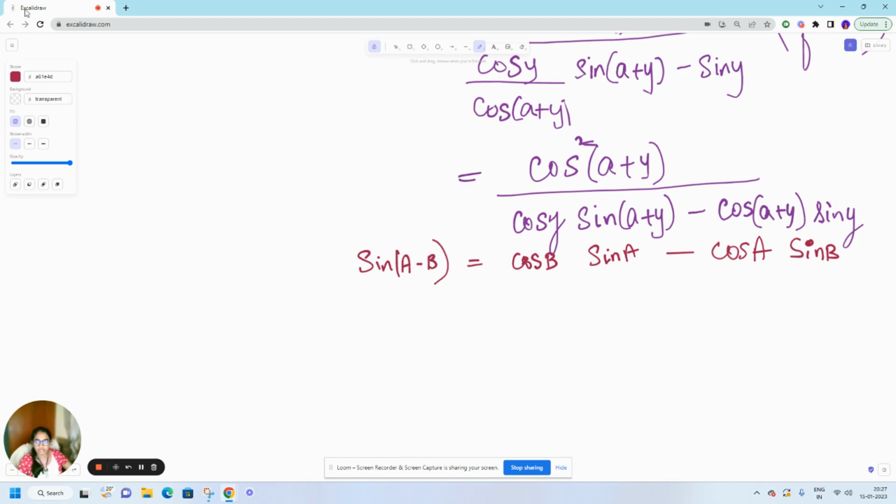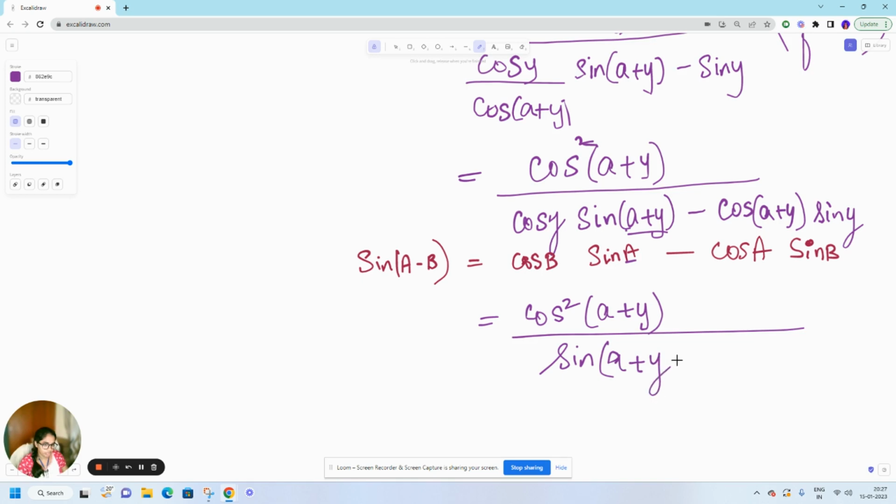Yes, so the numerator remains as it is. Let me write it down. That is cos square a plus y divided by sine. What do you have in place of a? I have a plus y. Agree? So let me write that down. Minus, what do you have in place of b? We have y. Yeah, so y and y gets cancelled.